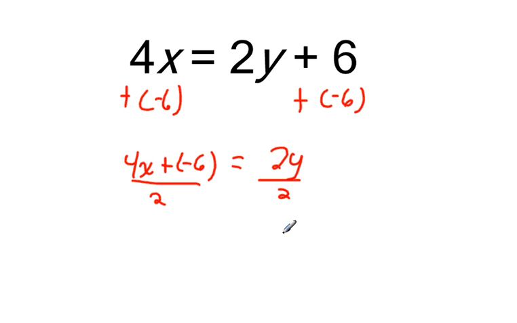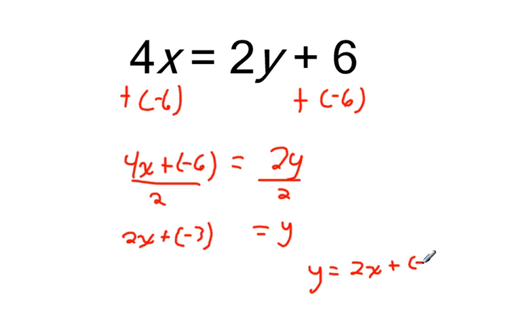Then we get y equals, and let's simplify this. 4x over 2 is just going to be 2x, plus negative 6 divided by 2 is negative 3. We want to write it so y goes in front. So we're going to rewrite it as y equals 2x plus negative 3. And if you want to write it as subtraction, 2x minus 3.